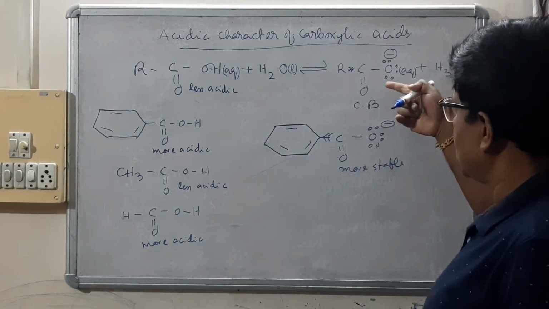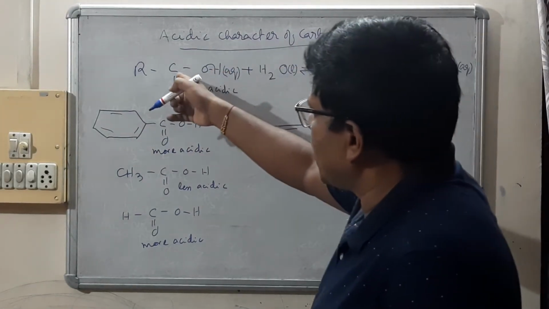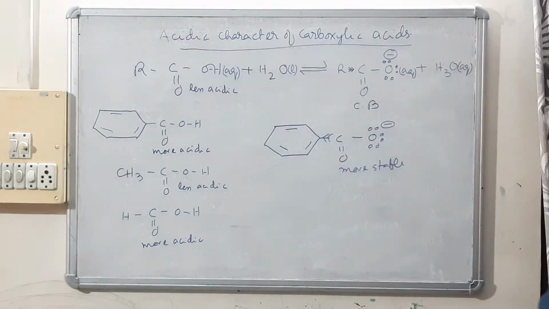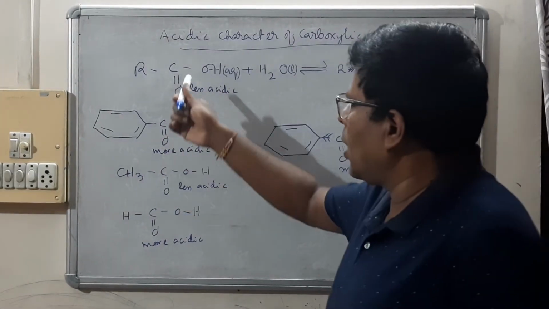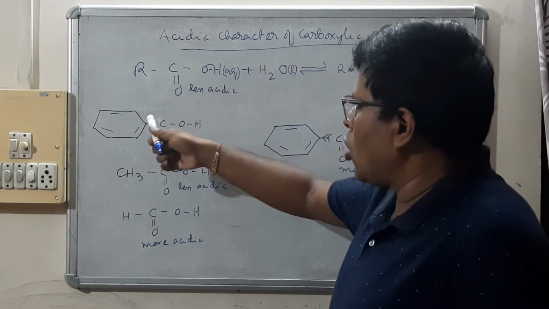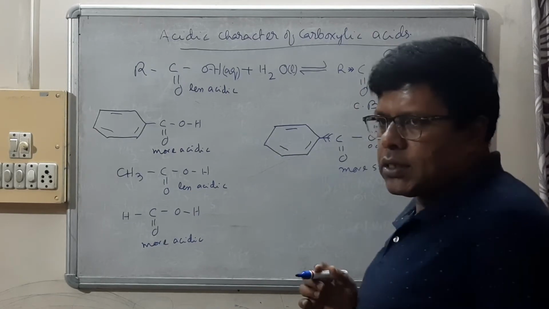This conjugate base is less stable, that's why this is less acidic. So we are clear that between aliphatic carboxylic acid and aromatic carboxylic acid, the aromatic one is more acidic.